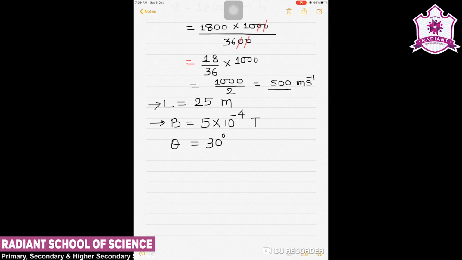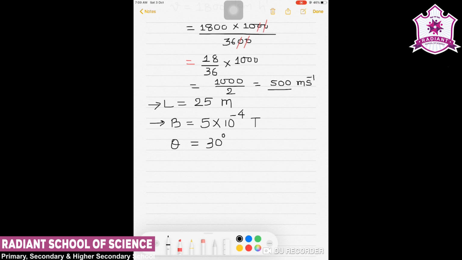Now here we can consider this example as, if we simply think about it, a jet plane traveling west at the speed of 1800 km per hour.